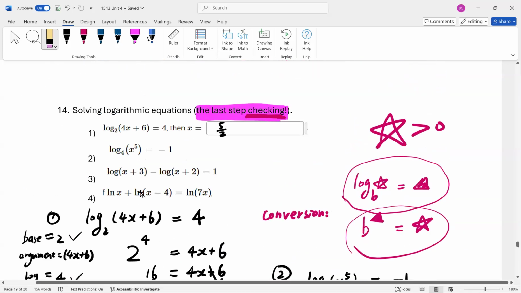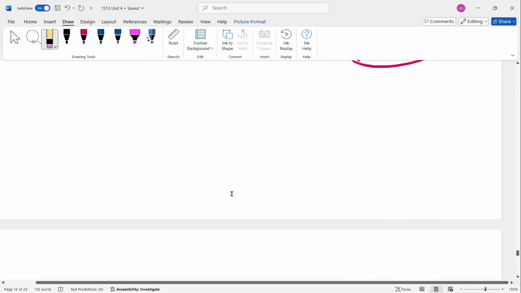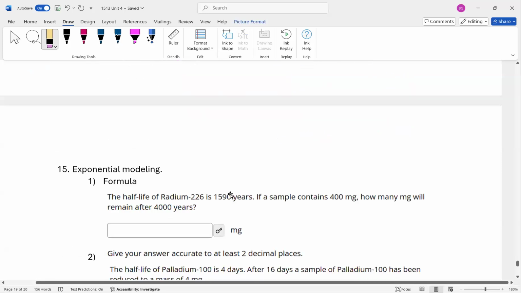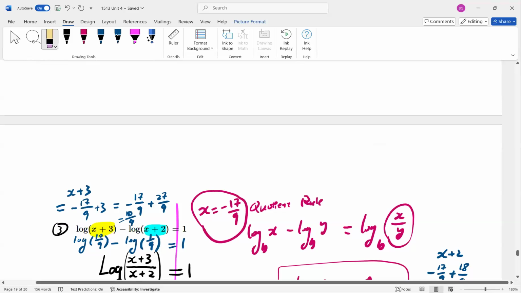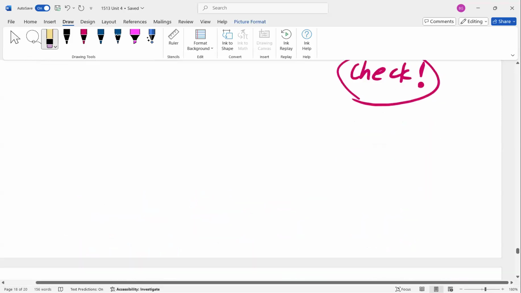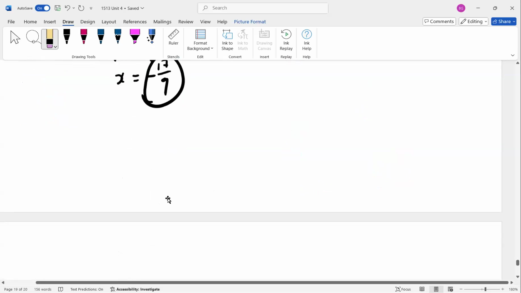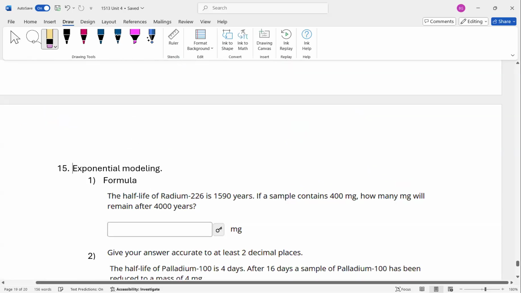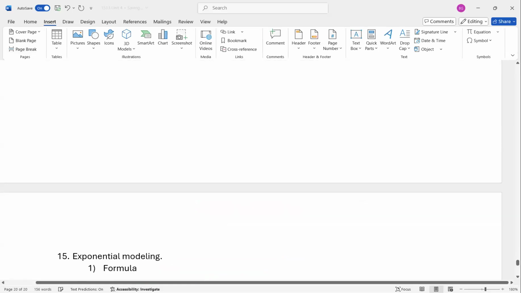Number 4. I do need an extra page. I'm going to insert a page break.